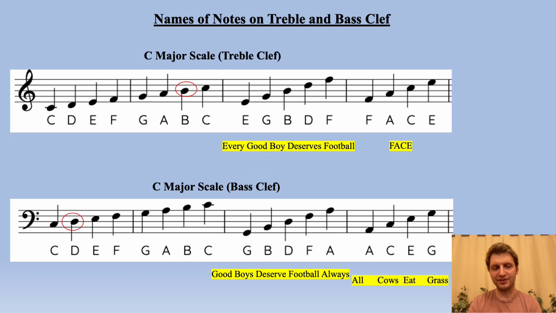You see C starts one line below the stave, and then we've got D, which is up, and then the notes are shown incrementally either on a line or on the space. They go alternately line and space.